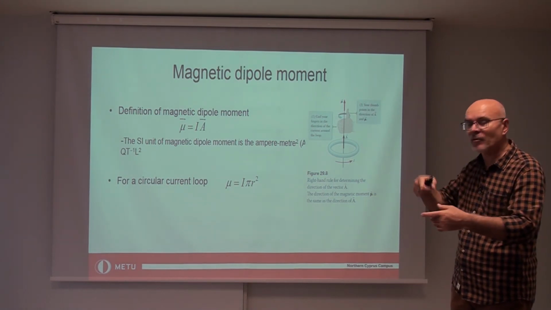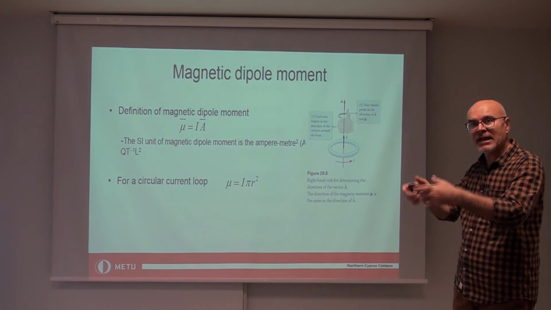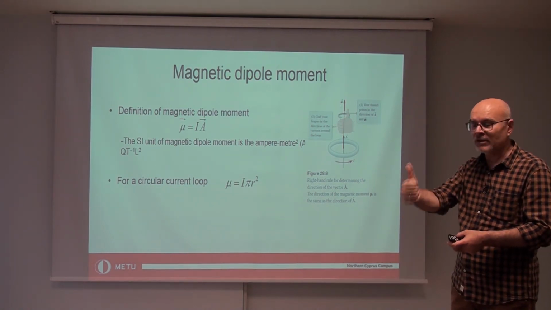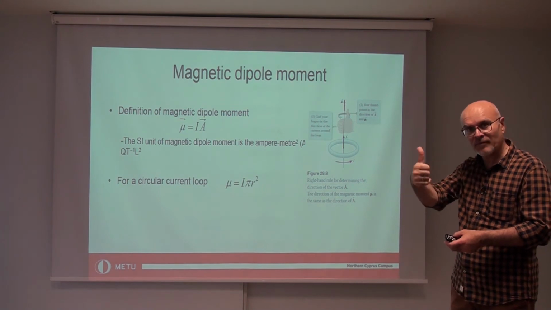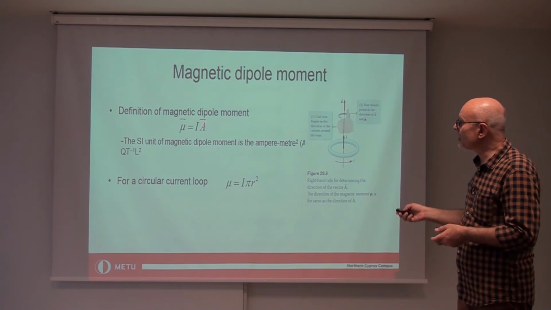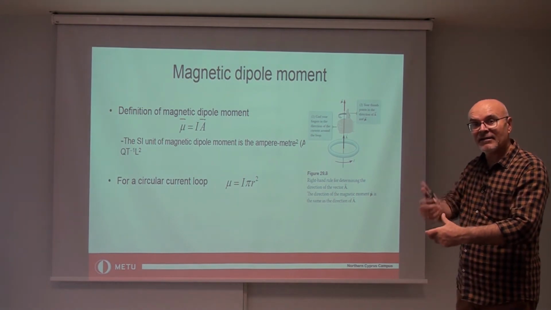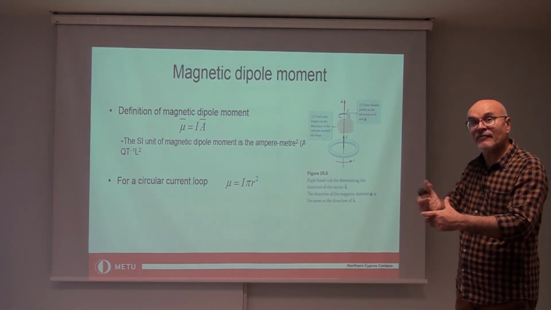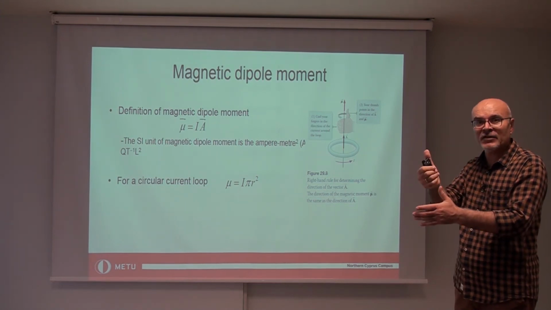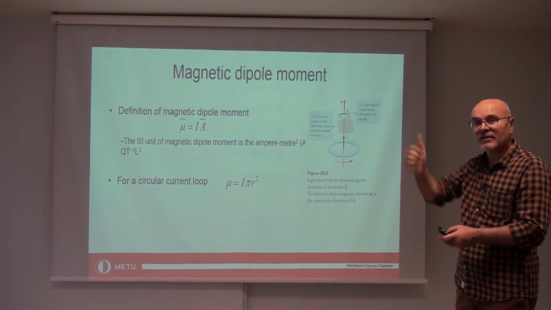If you have any loop of any arbitrary shape, it defines a plane; find the direction of the normal to it by using the right-hand rule, okay? Then the magnetic dipole moment is just I multiplied by that area vector. That area vector has magnitude equal to the area, and it is given a direction by that rule.